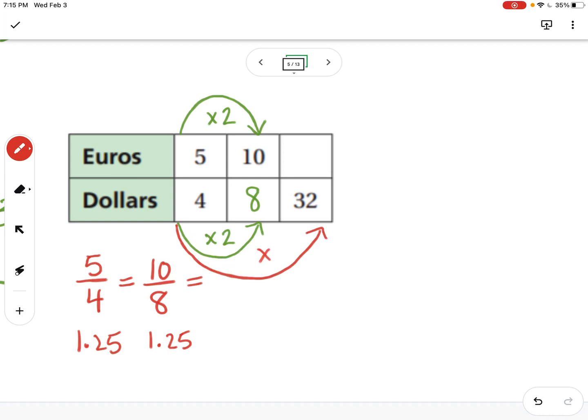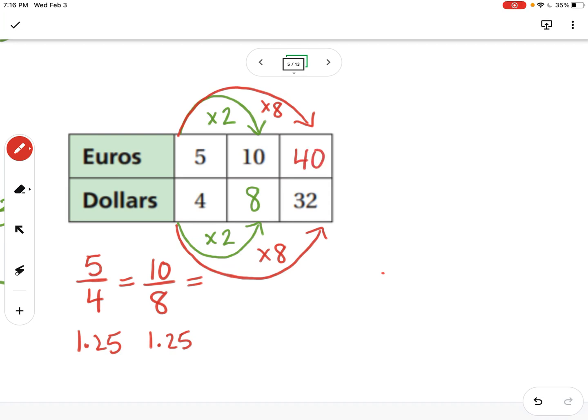That means I know in order to get from my first to my third box, I have to multiply by 8. And once again, I can repeat that pattern up top because I'm using information that was already given and I know for sure. So I'll have to multiply the first box times 8 in order to get that last box. And I know that 5 times 8 is 40.